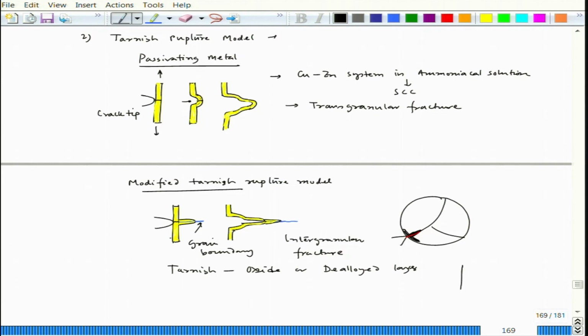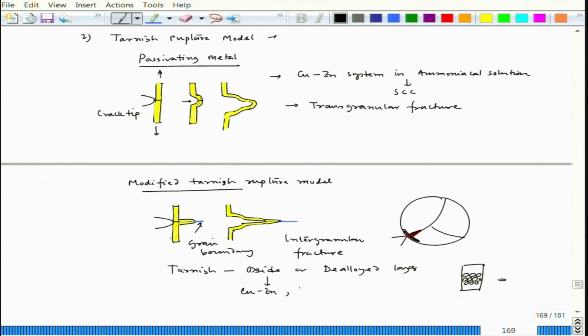If, for example, this particular section is a de-alloyed section, there are small pores because of the de-alloying. Now you could see that if this pore size is a few nanometers, the sharpness of the crack tip can be imagined. That is possible in the case of copper zinc alloy, where de-alloying is observed.